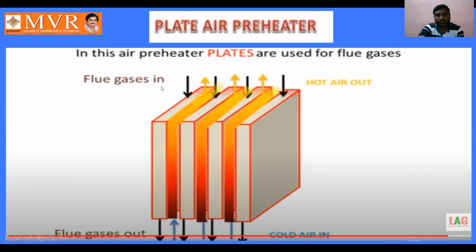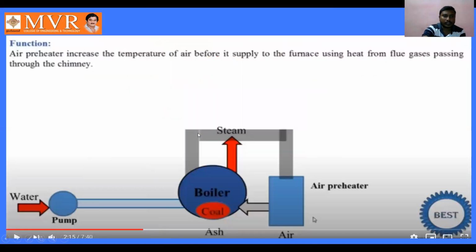The cold air enters between these two plates and takes away the heat from the plates, and the hot air goes outside. This is the plate air preheater, which we can observe here.